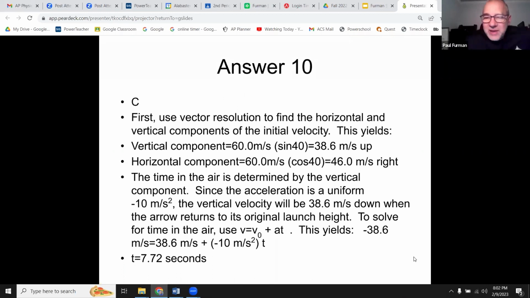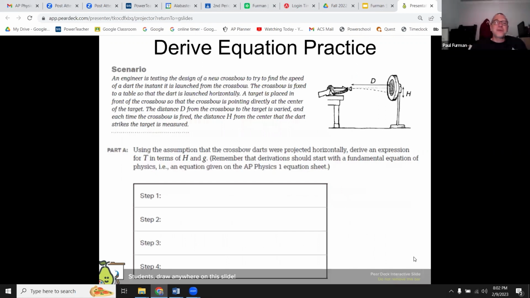It's a couple of minutes after 8. I want to touch real briefly on one of the free response questions. It's not uncommon that you'll be asked to derive an equation in terms of some values. So using part A, you can see a dart gun is being fired a distance d away from a target.